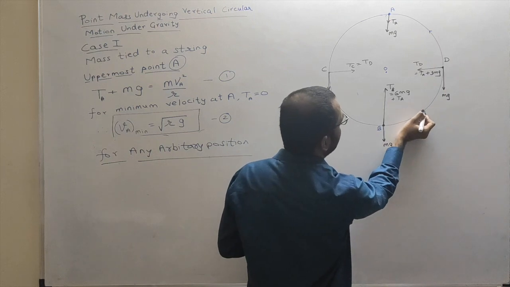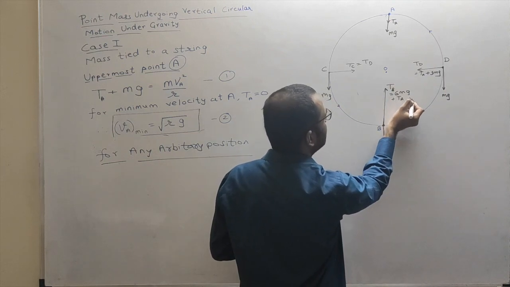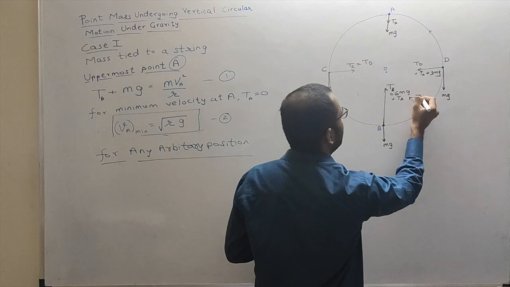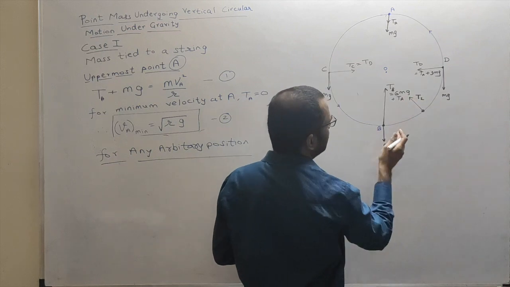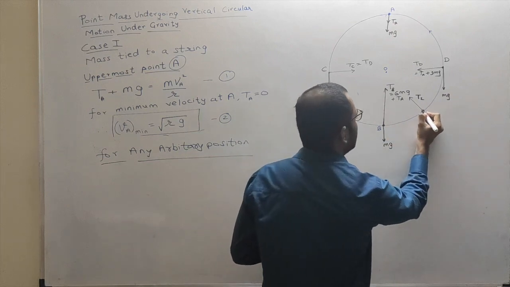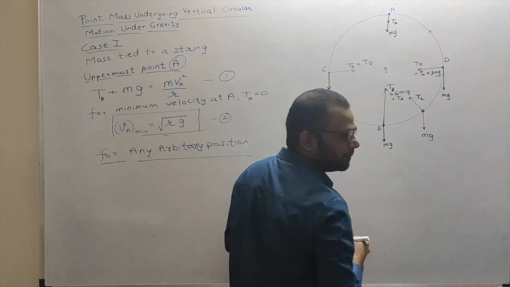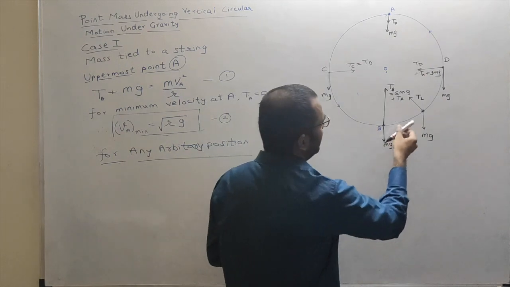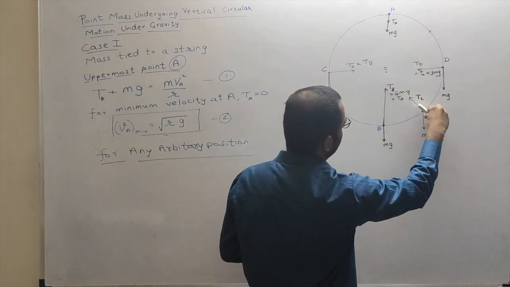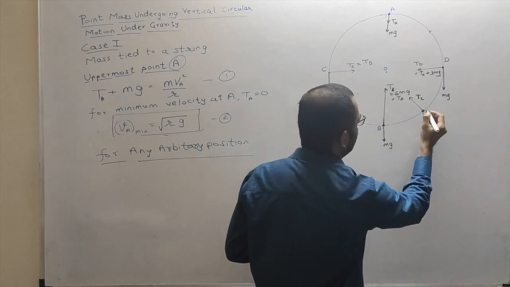Okay, so the tension in the string will be again towards the center along the length of the string. Let us say this is T2 according to your textbook. So mg still in this direction. Now I have to resolve mg into two directions. One is along the length of the string, and the other is the perpendicular direction.